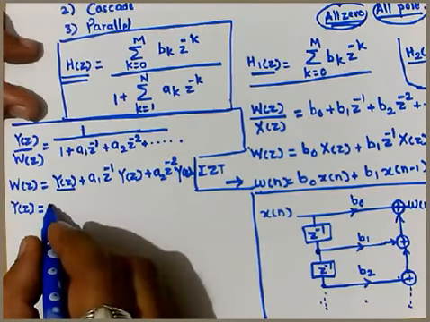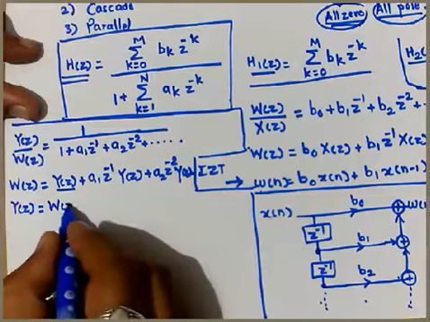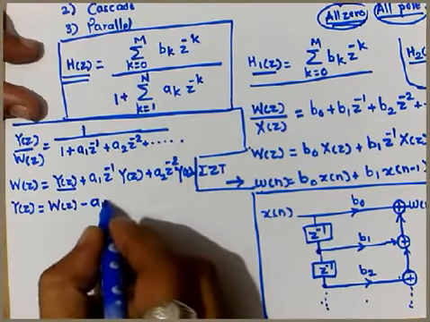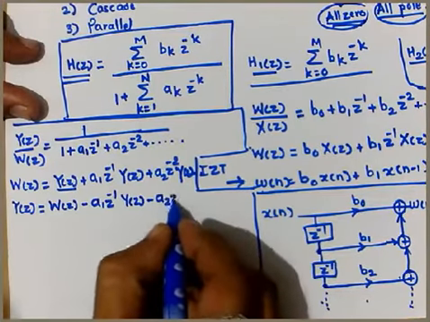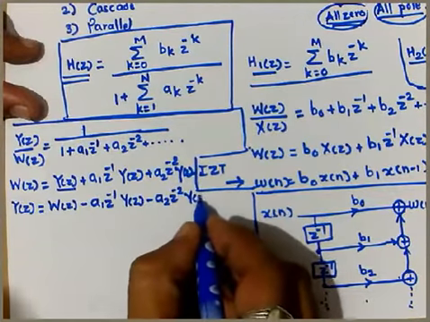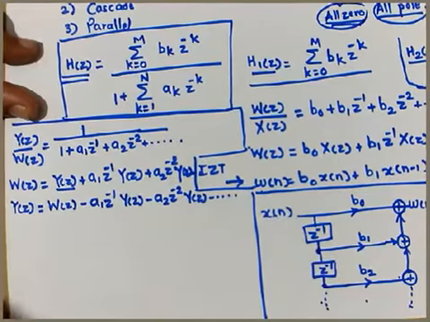So it will be nothing but W(z) minus a1 z inverse Y(z) minus a2 z raised to minus 2 Y(z) minus dot dot dot.